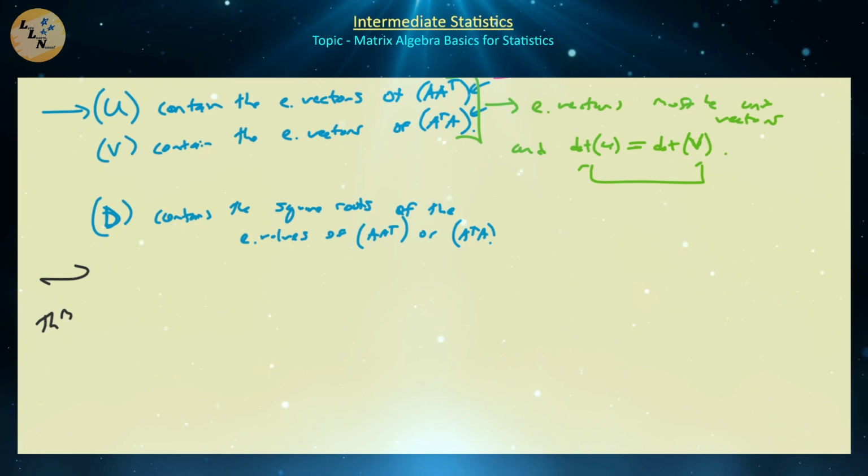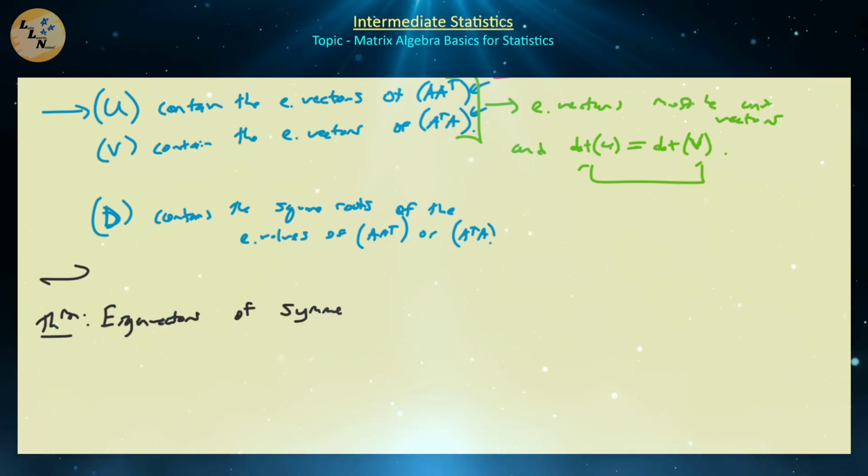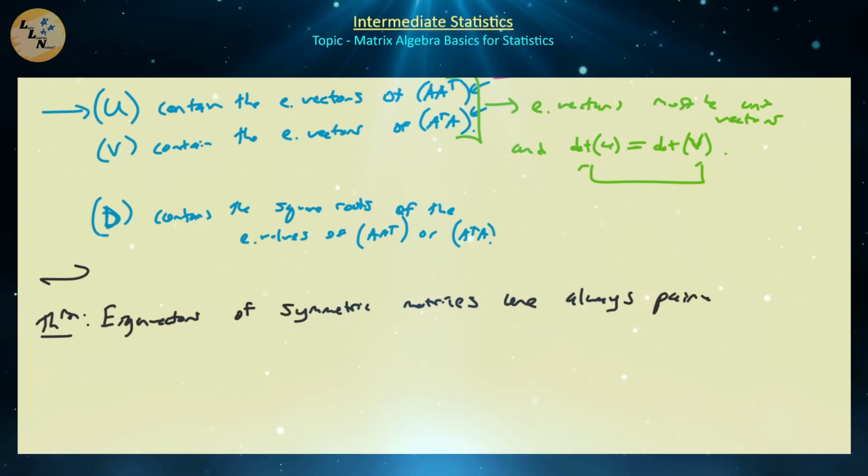one very important theorem that I mentioned just a brief moment ago. Eigenvectors of symmetric matrices are always orthogonal, are always pairwise orthogonal to each other.